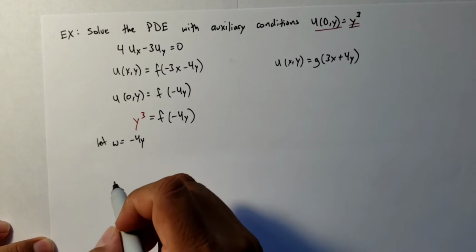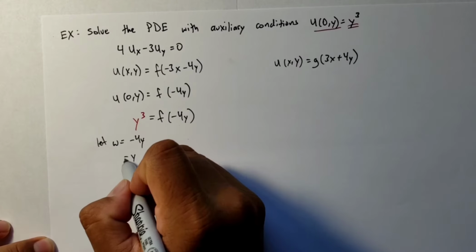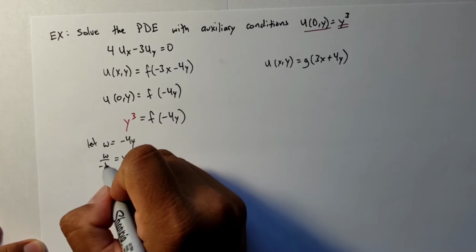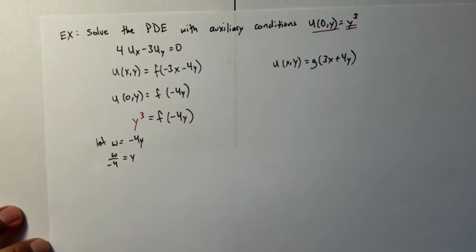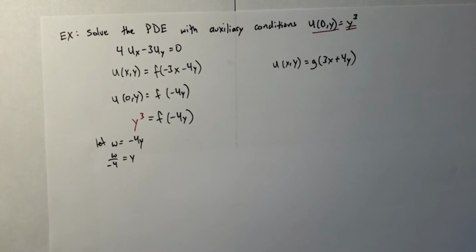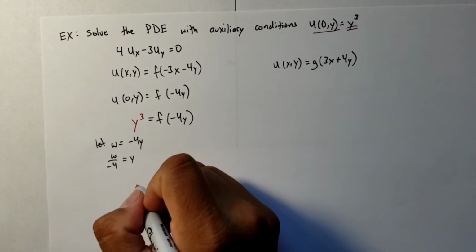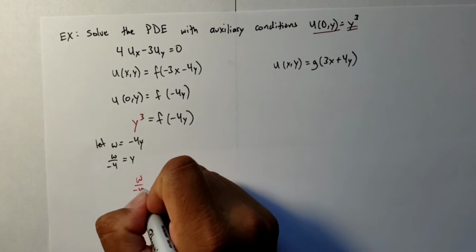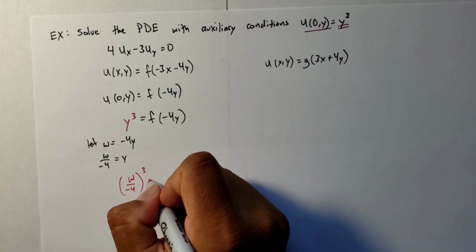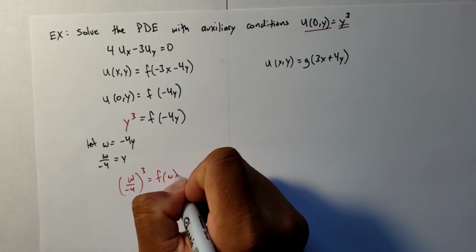Solve for y. That means y is going to equal w over negative 4. We replace where we see a y with w over negative 4. So we get w over negative 4, to the power 3, is equal to f of w.